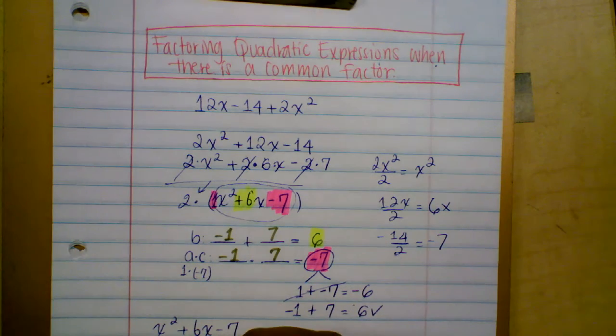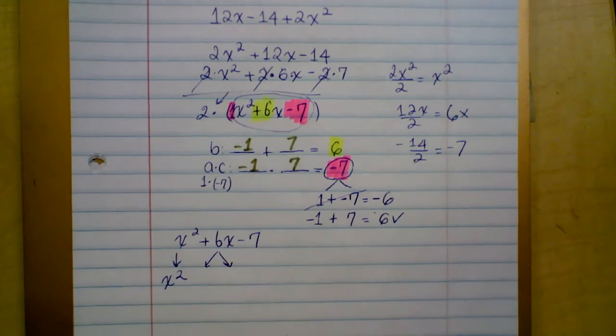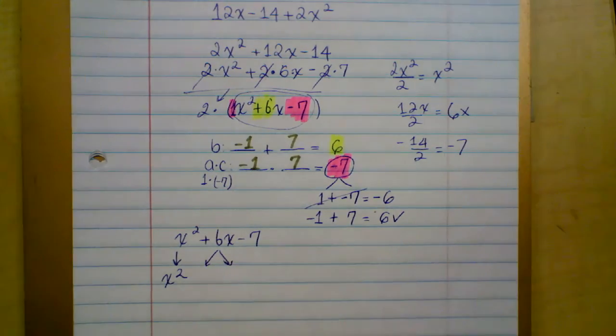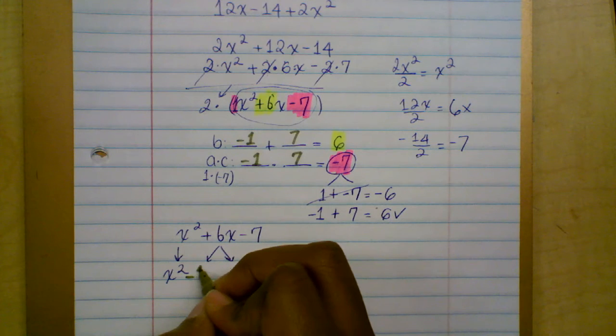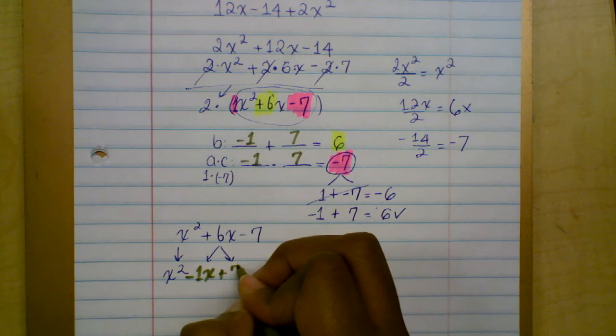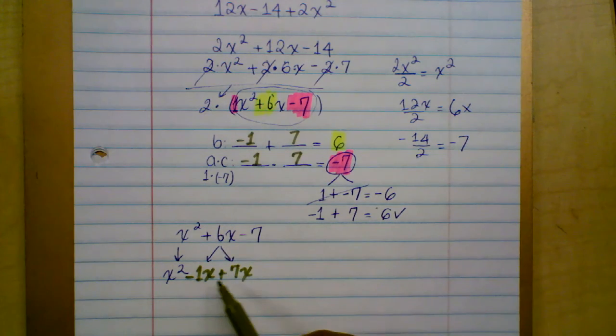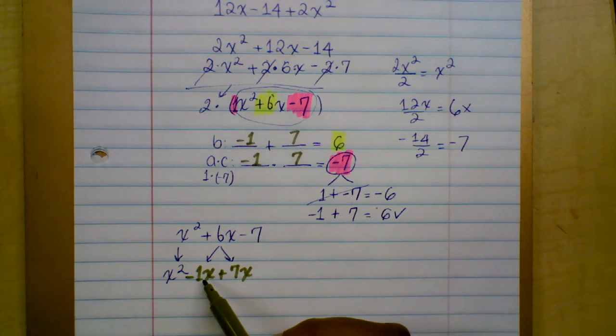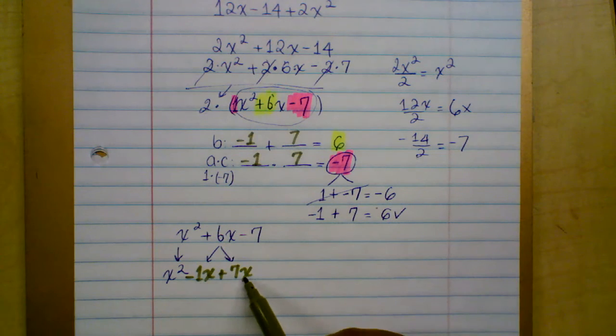First let me write x squared, then negative 1x, then plus 7x. Make sure when you write the two numbers, you include the variable x. The reason is that negative 1x plus 7x add up to 6x.